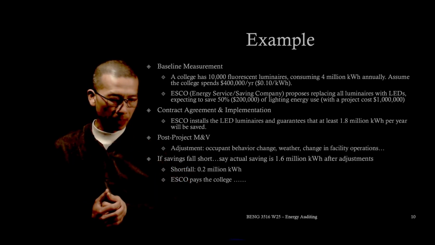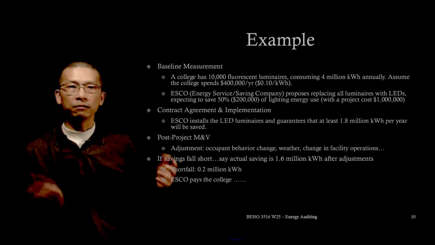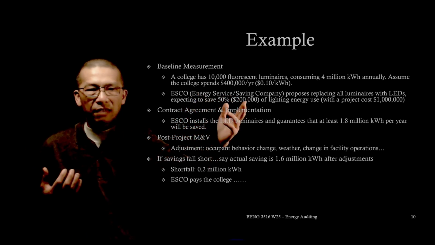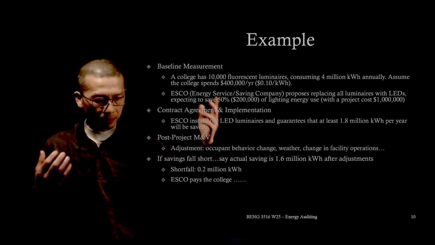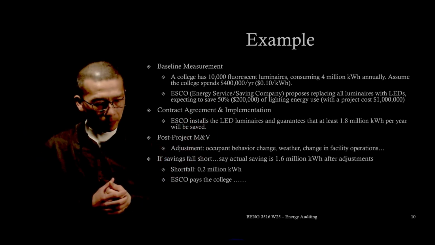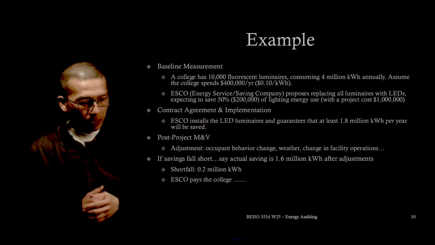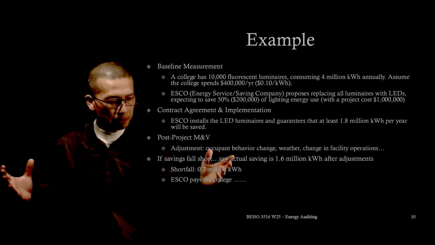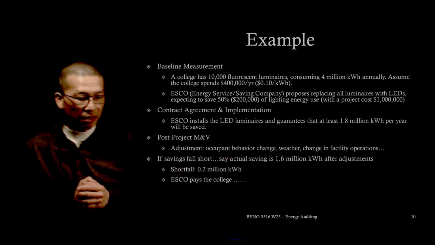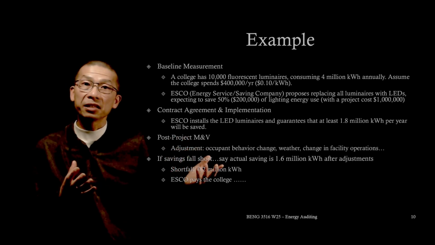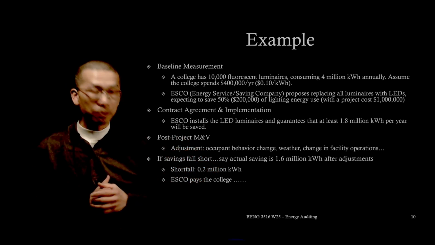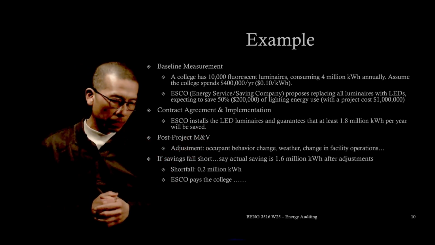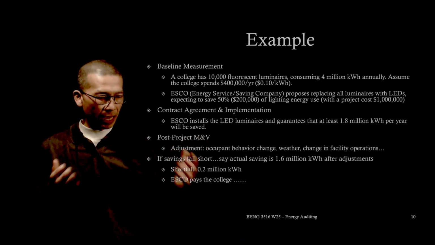A project provider, what we call an energy service company, sometimes an energy savings company, depending, it can be both, right? So the ESCO proposes to replace all the luminaires with LED, expecting to save about 50%, and that would be $200,000 of savings for the energy use.